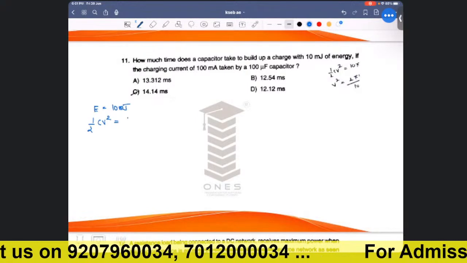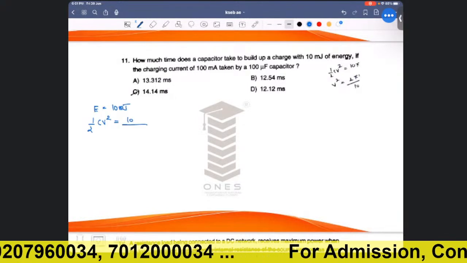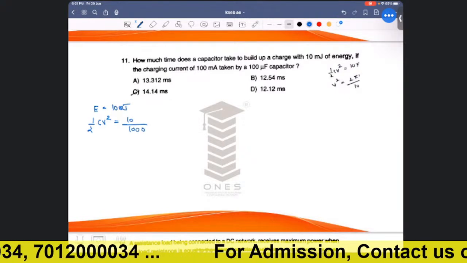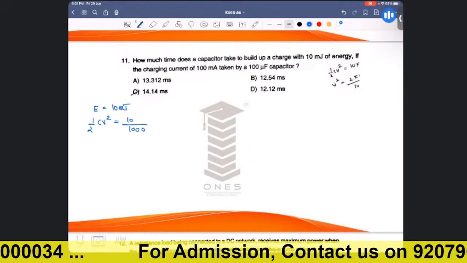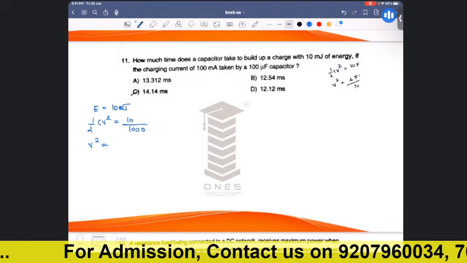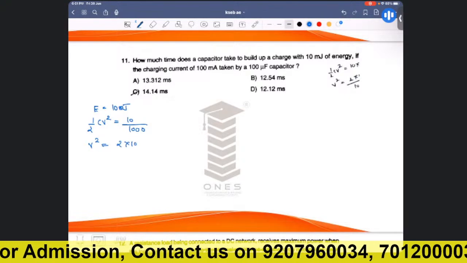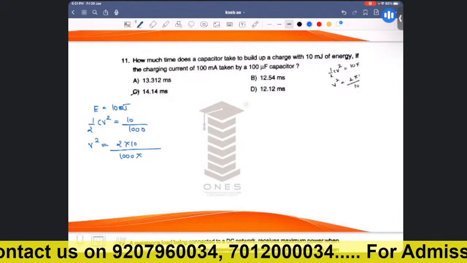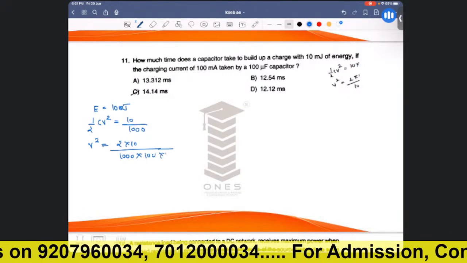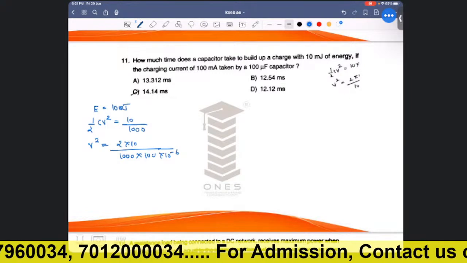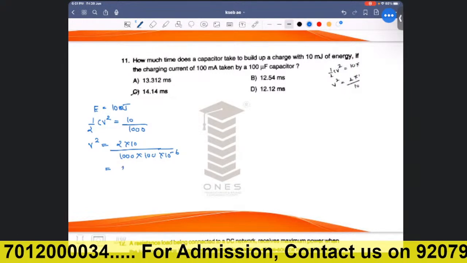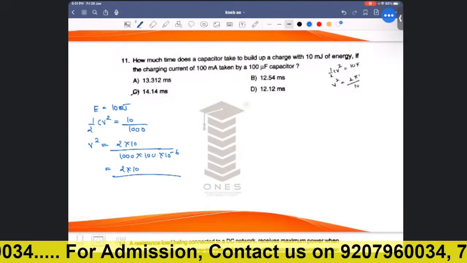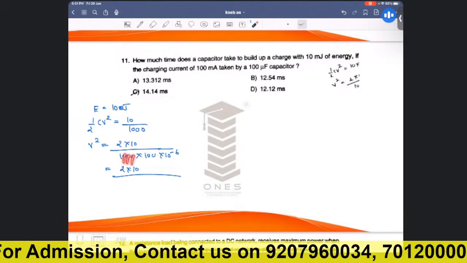It is equal to 10 by 1000, because it is in millijoule. So V square is equal to 2 into 10 by 1000 into C. The C value is 100 into 10 raised to minus 6. So this will be 2 into 10 by 1, 2, 3, 4, 5.